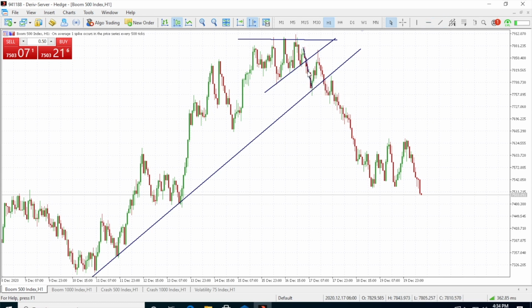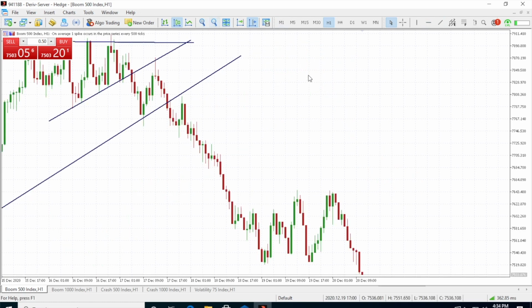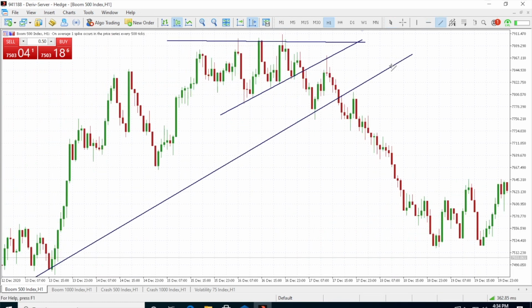So if you are an immediate action taker, you may take a trade here after this candlestick which opened and closed outside this trend line. Let's say you take a trade here at this level. The bad thing about taking a trade exactly after a breakout is that it's bad for stop loss. You cannot put the stop loss just anywhere.